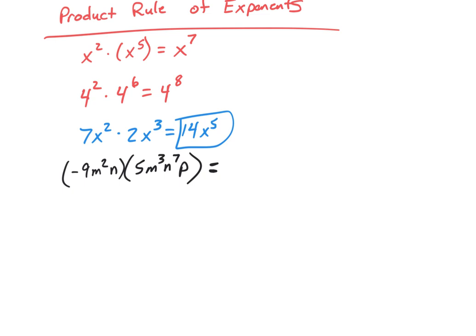We started off with just a single variable. Now we have numbers. We have multiple variables. But everything, in order to multiply them together, they have to be the same base. They have to be the same bottom of the exponent. So we're going to start off with the numbers. And it's just a multiplication problem. So negative 9 times 5 would be negative 45.